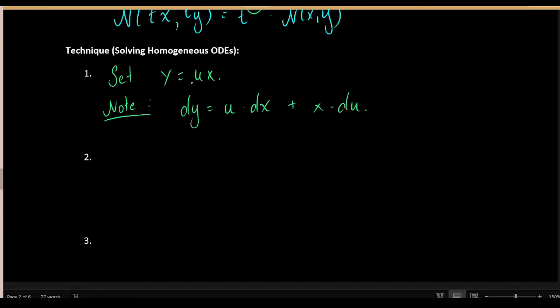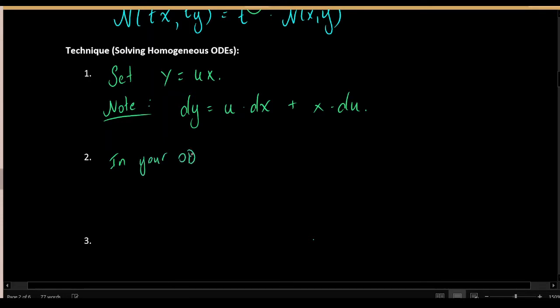So using the two results above, you want to go into your ODE and change variables from y to u. What this is going to mean is that you're going to want to go into the equation, replace all the y's with u times x, and replace the dy with u dx plus x du.